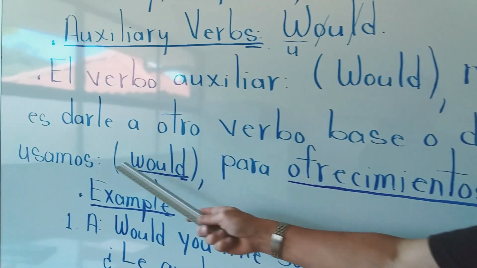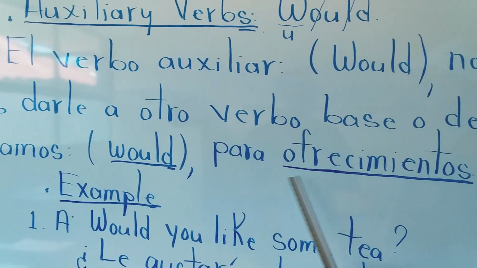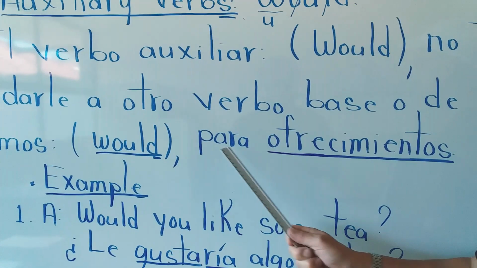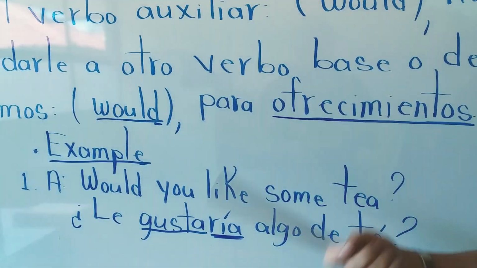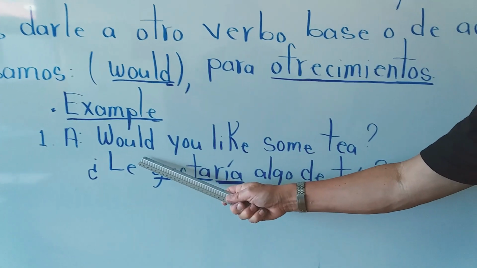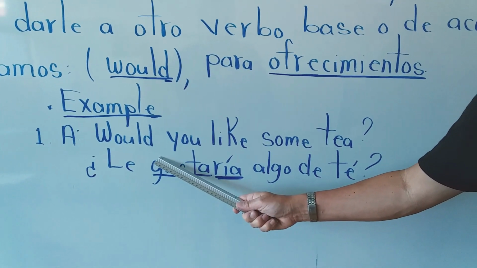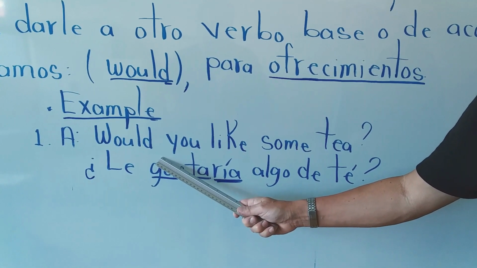Generally, we use would for offerings, to offer something to do, something to eat, etc. Example, would you like some tea? Remember here, would you like some tea?